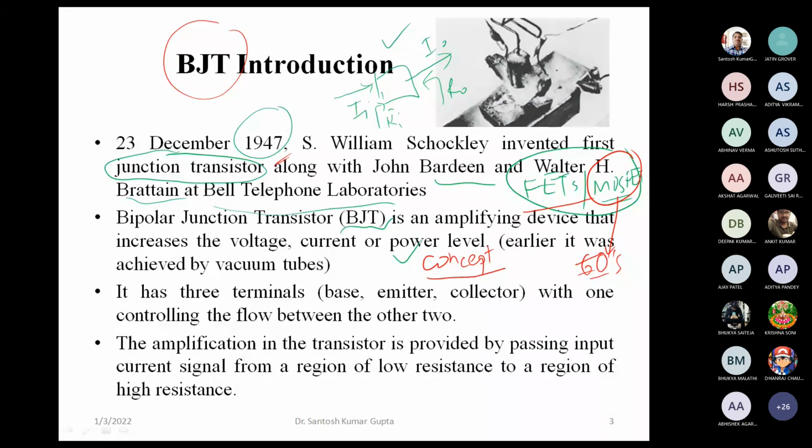So conceptually, MOSFET existed much before the invention of the BJT.